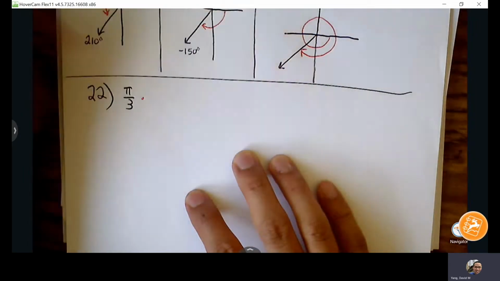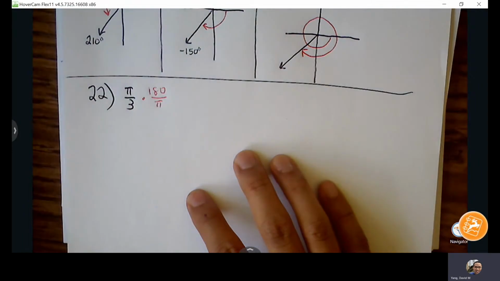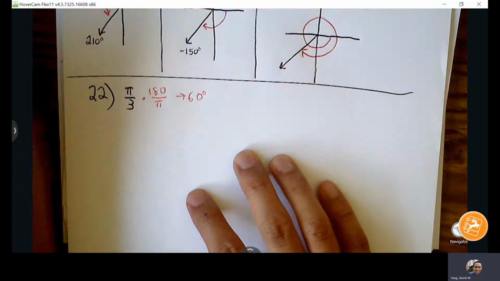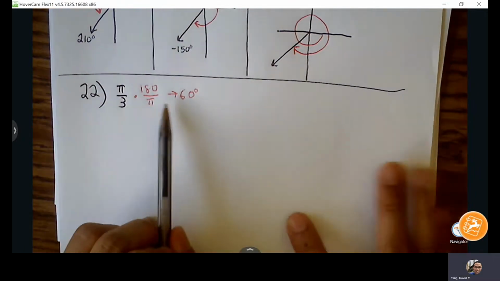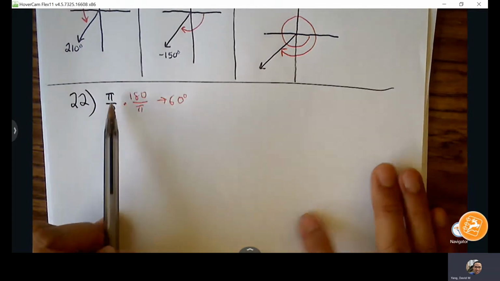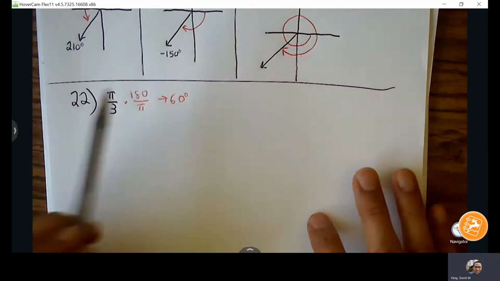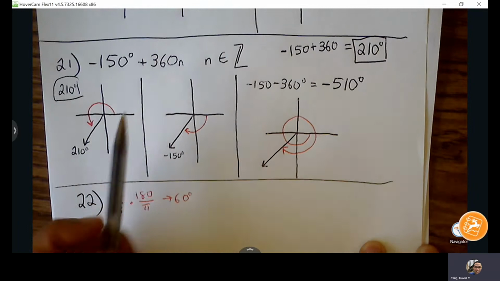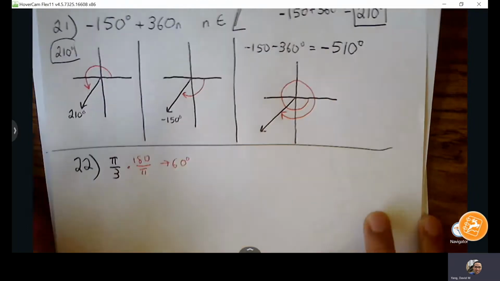If you don't know what that is, go through the conversion process, multiplying by 180 over pi. And we know that is talking about 60 degrees. Okay, so just to have an idea where it is, which quadrant it's going to be, and then we can always come back to that pi over 3. Okay, let's write the rule for all the possible coterminal angles.